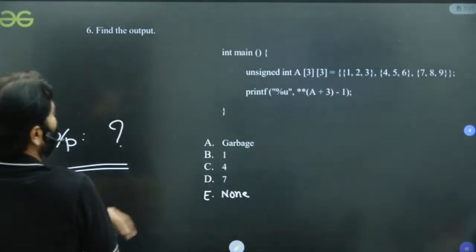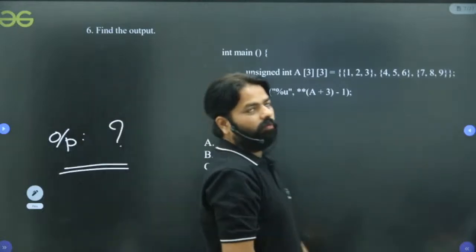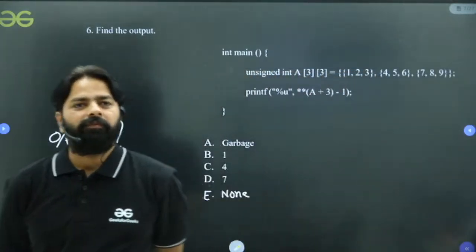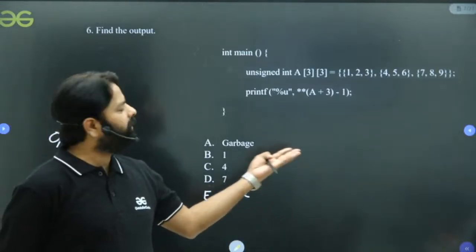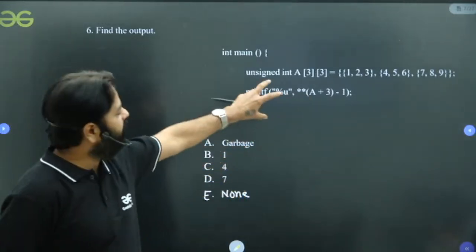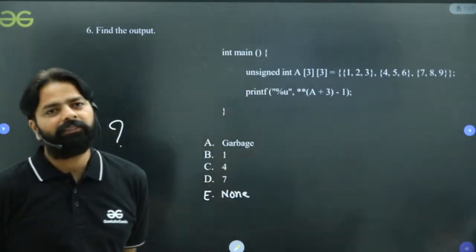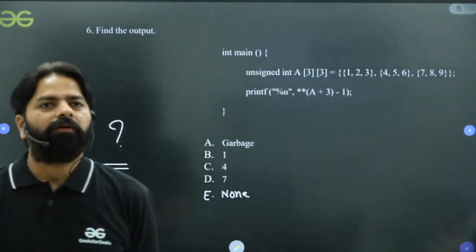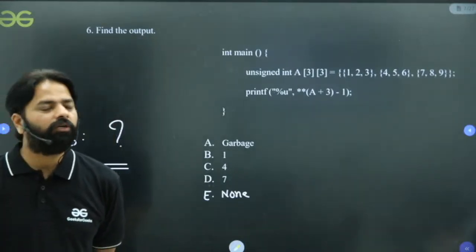And assume that we don't have the options. Now, what will be your answer? If it is outside the array, if you are asking, it's garbage, right? But if it is inside, the value must be somewhere. Now, 3, 6, 7, 1, 2, 3.